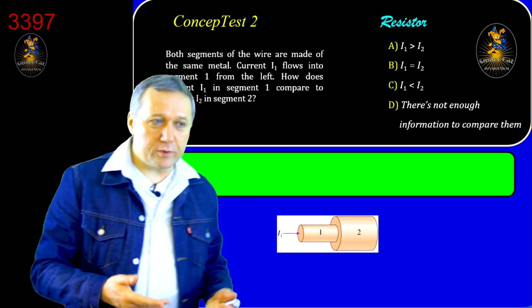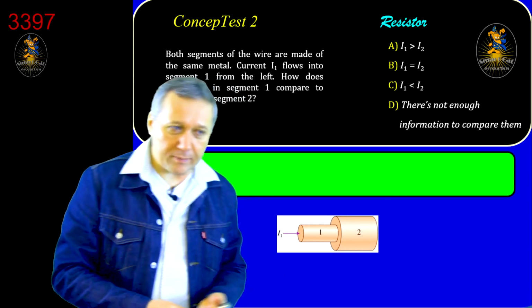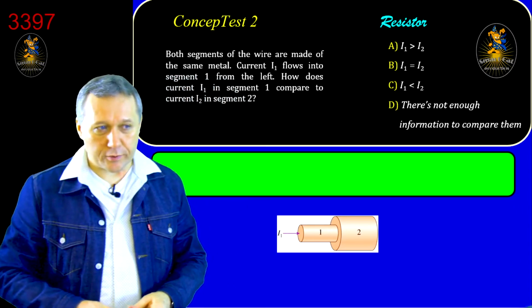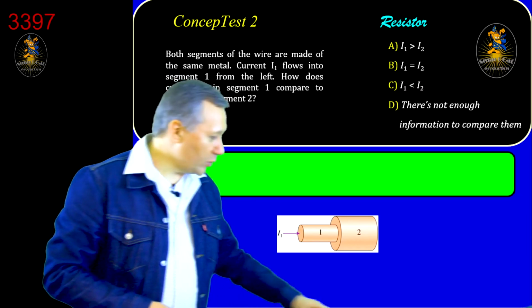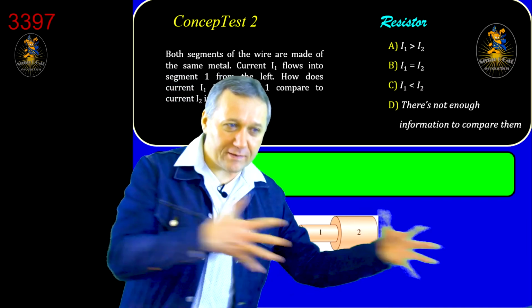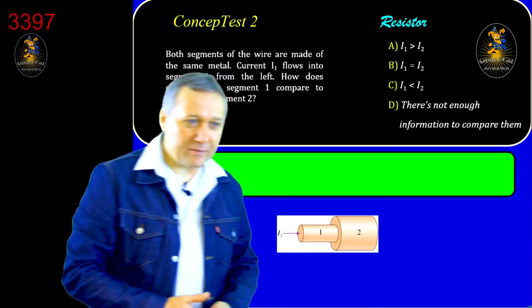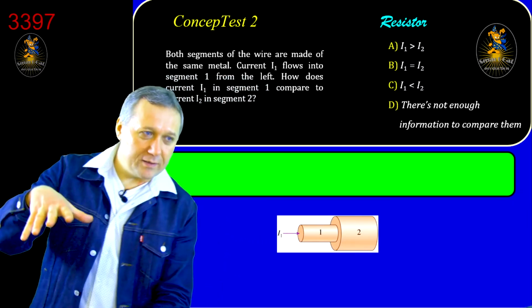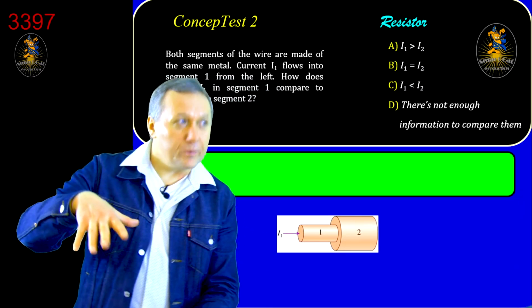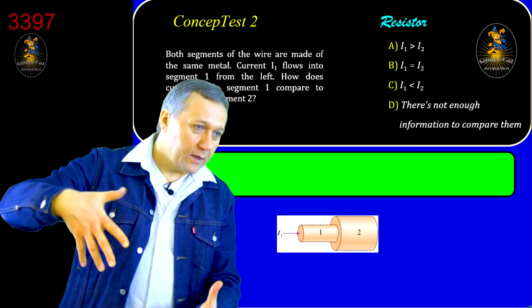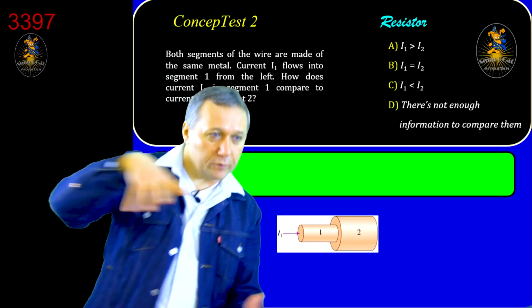And I gave you an analogy with water flowing through pipes of varying cross-sectional area, right? Water in some parts will flow faster, giving us, let's say, 5 liters per second. But in the parts which have a larger cross-sectional area, water will flow slower.